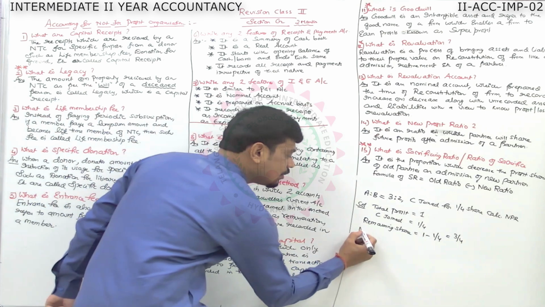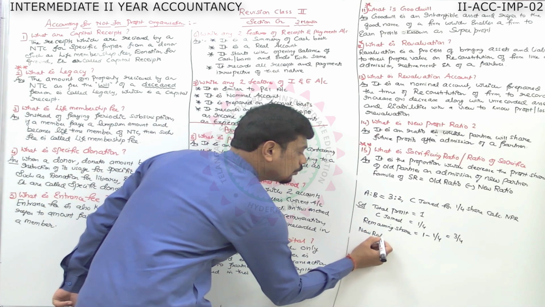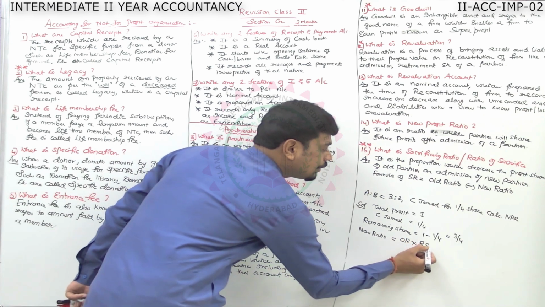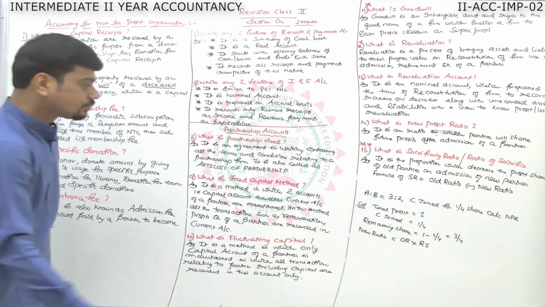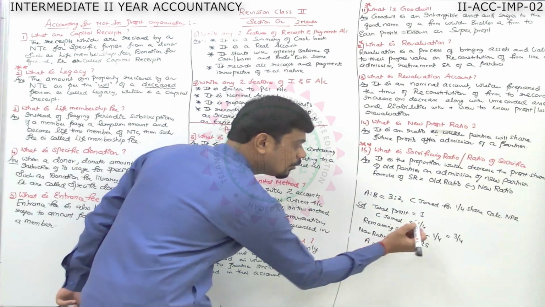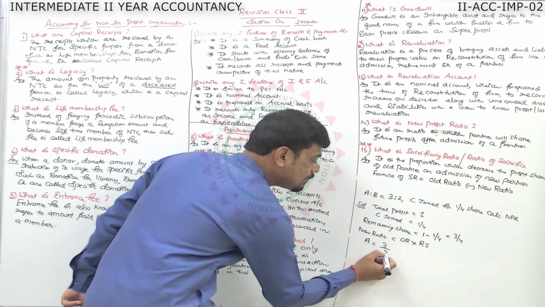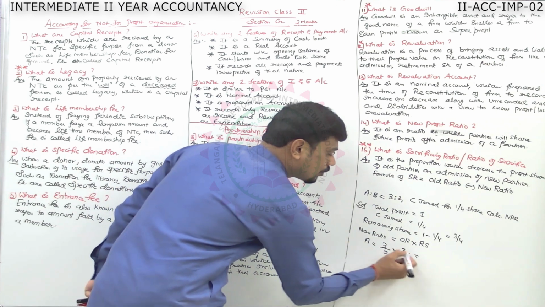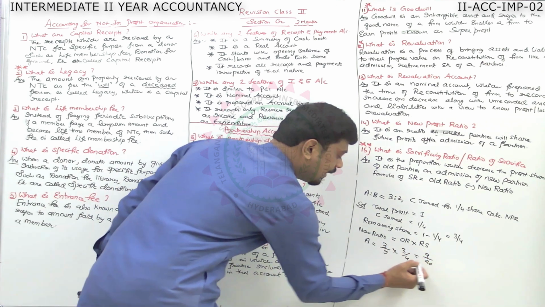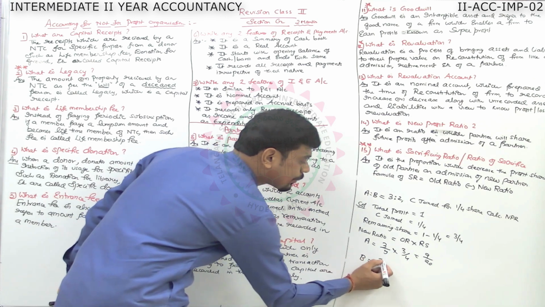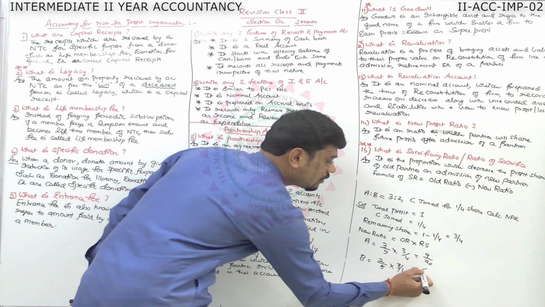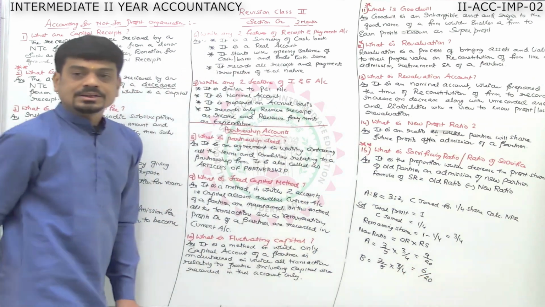Then you write new ratio is equal to old ratio into remaining share. A's old share is 3/5, so 3/5 into 3/4 is 9/20. Then B: 2/5 into 3/4 is 6/20.